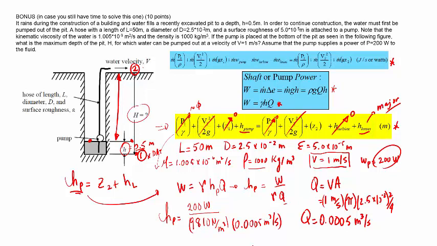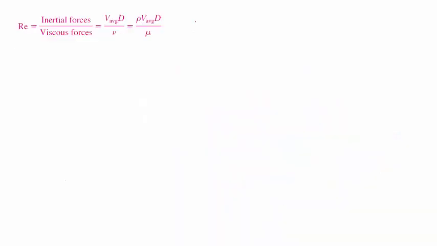Okay, I'm going to go to the next page. So my H is going to be equal to 40.77 meters. We take the three significant figures, 40.8 meters.